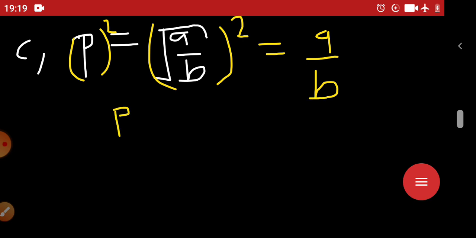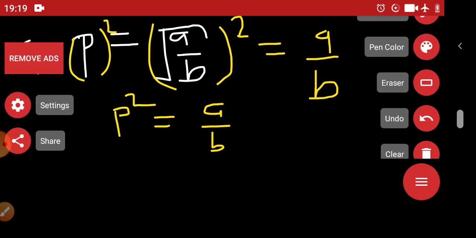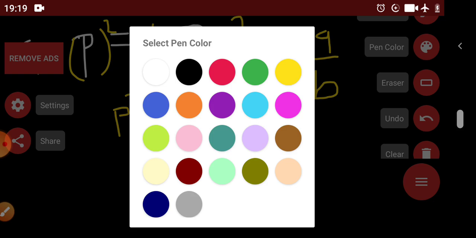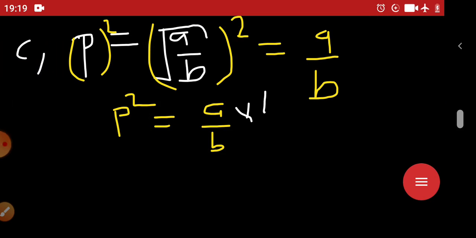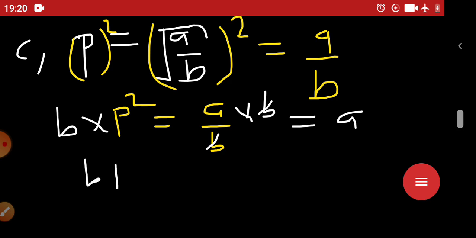Remember, we want to make B the subject of the formula, so we multiply by B on both sides, so that B cancels B.